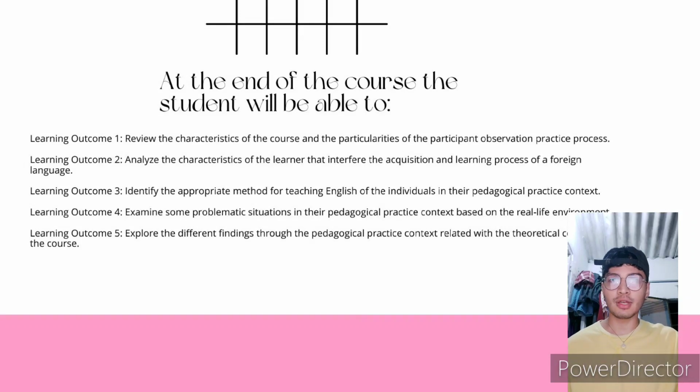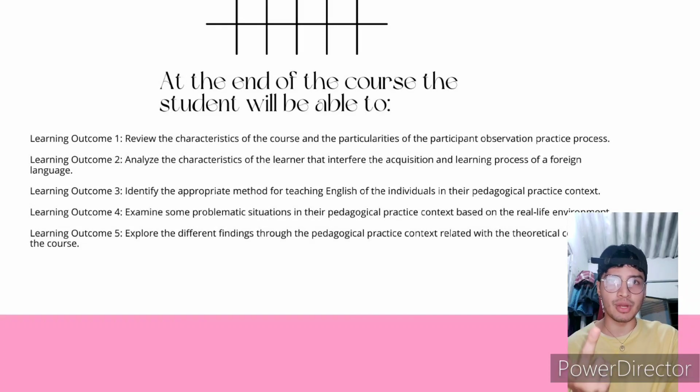At the end of the course, the student will be able to: learning outcome 1, review the charts of the course and the practicals in the participant observation practice process. Learning outcome 2, analyze the characteristics and the factors that interfere with the acquisition and learning process of a foreign language.